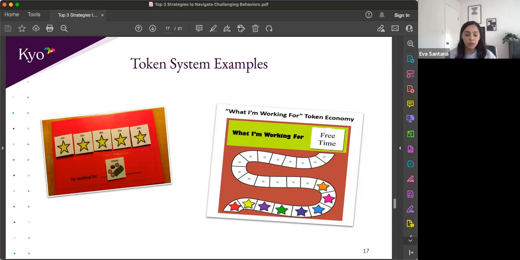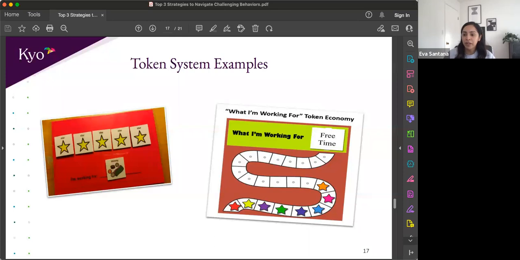So you can either do it short term or push it to long term. It really depends on the child's ability to wait for longer periods of time. If it's something that's relatively new, then we do suggest using a short-term token system and then eventually working up to a longer term where they can wait a few days or a week or so.